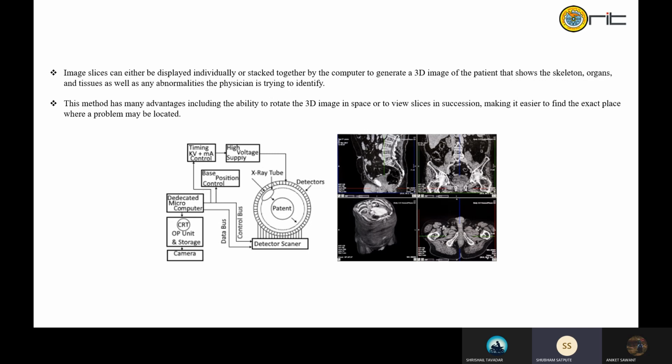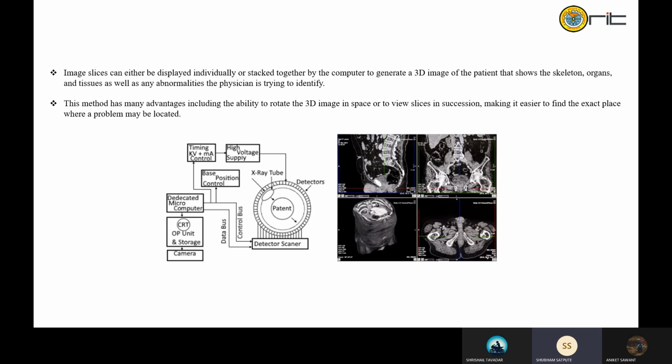This method has many advantages, including the ability to rotate the 3D image in space or to view slices in succession, making it easier to find the exact place where the problem may be located.